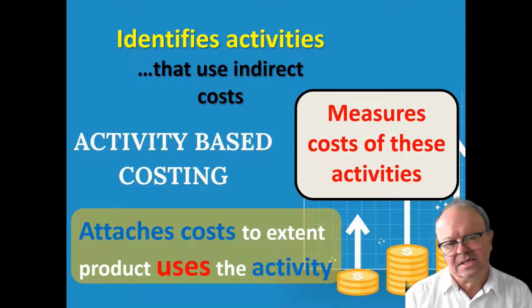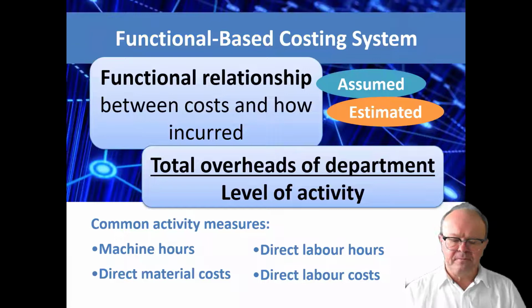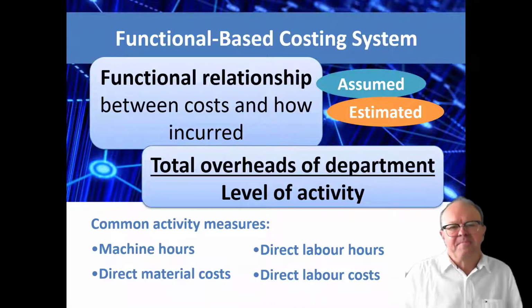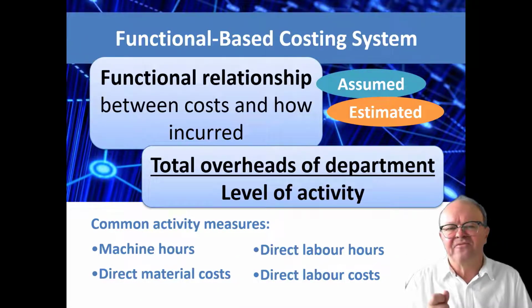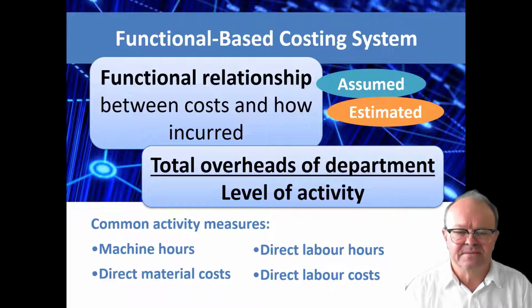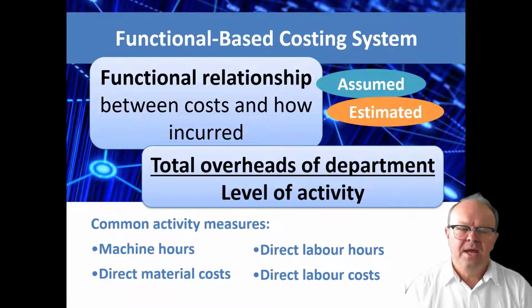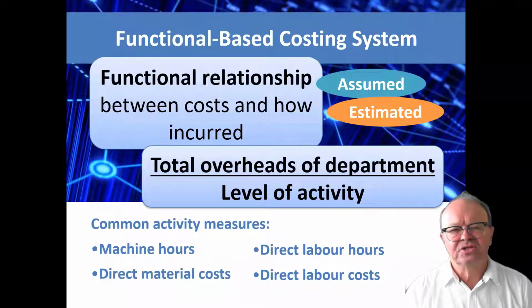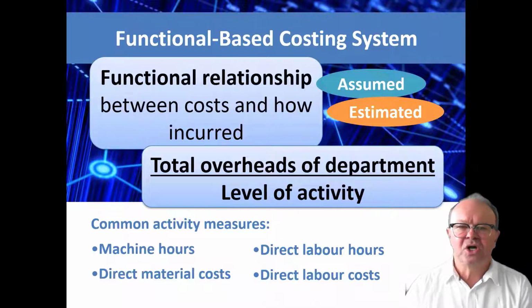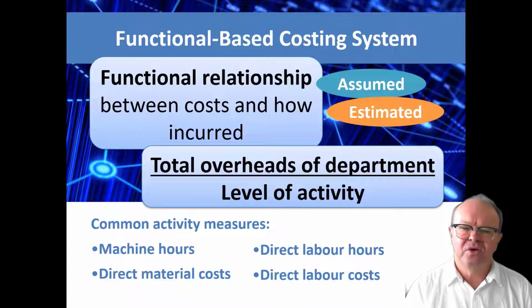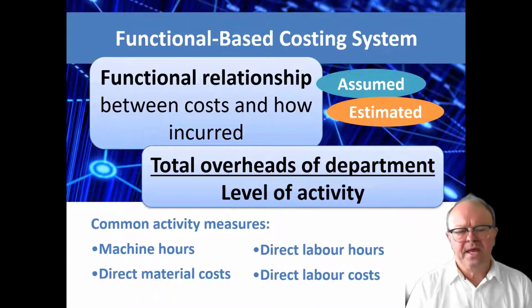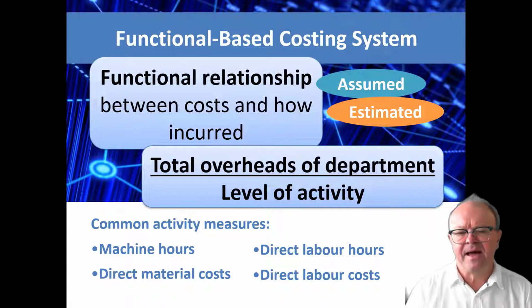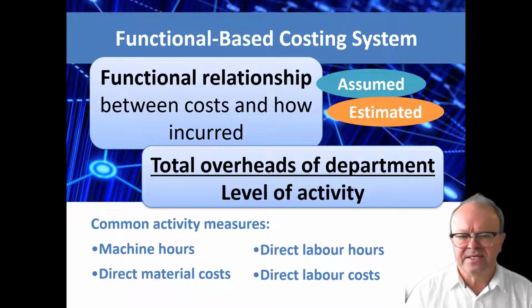So that's the activity-based costing system. The other costing system Thais has in her chart is the functional-based costing system. This is where we assume or estimate a functional relationship between costs and how they're incurred. And here we've got the total overheads of a department divided by the level of activity.